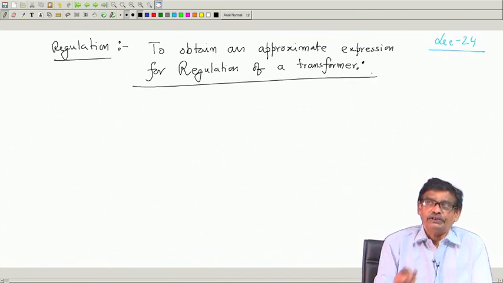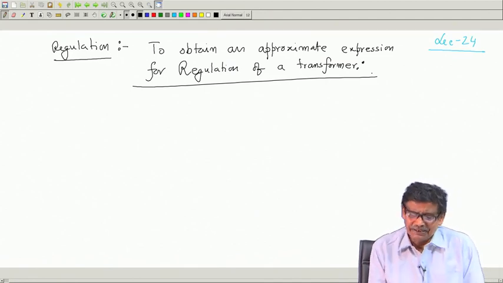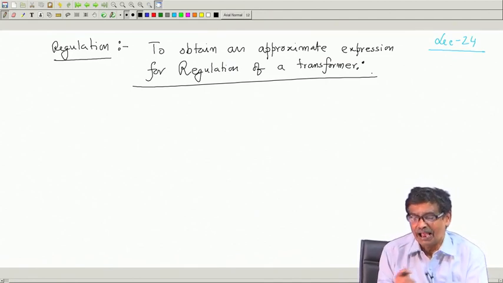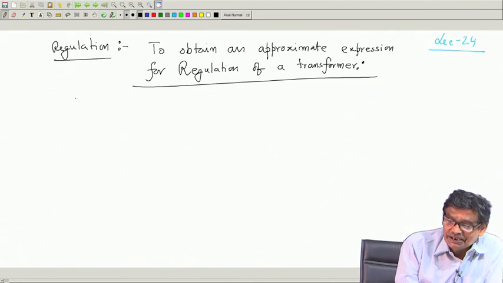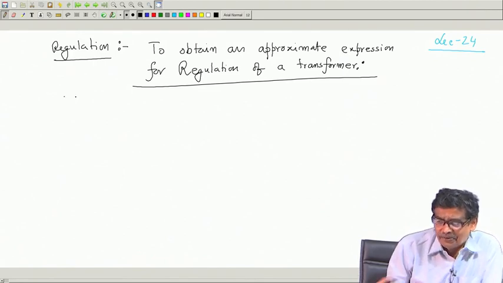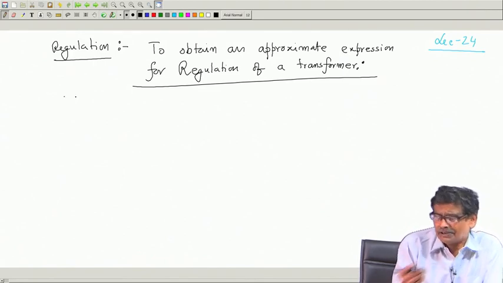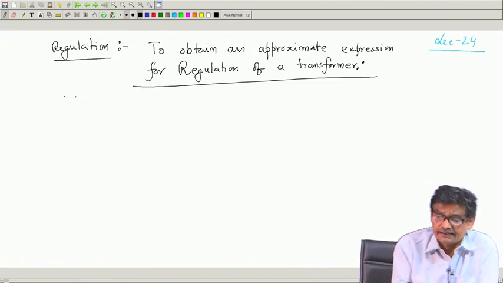Okay, I will do this. Before that, it is now time to slightly review the equivalent circuit, how we are drawing it with respect to the primary side and secondary side.